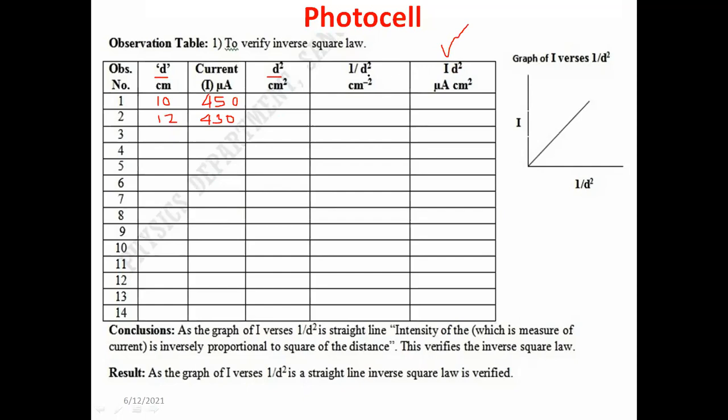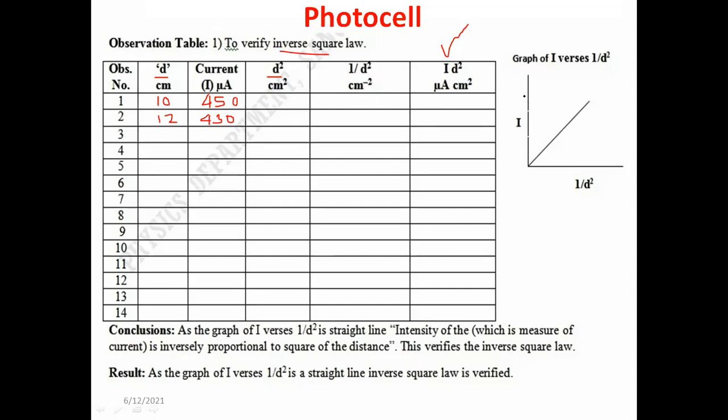This column is 1 upon d square, not I. Note that this is 1 upon d square, because according to the observation table we have to verify the inverse square law. Therefore its unit is centimeter raised to minus 2, and I into d square has the unit microampere into centimeter square. To clarify, this is 1 and this is I; there is a slight difference between these two.